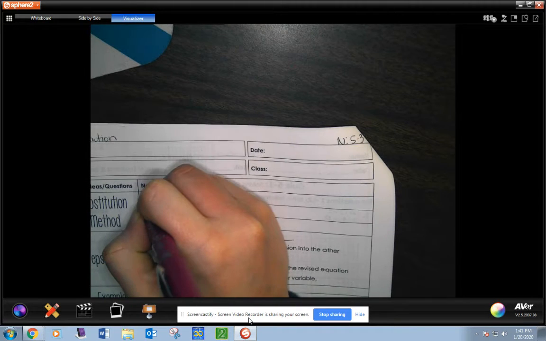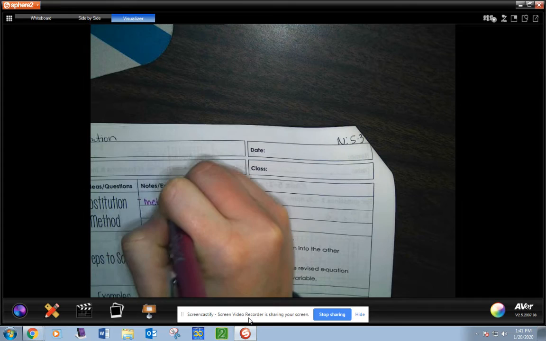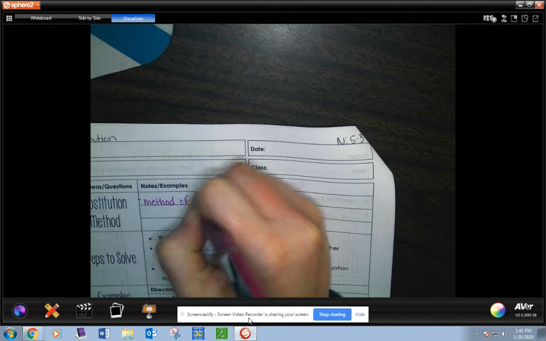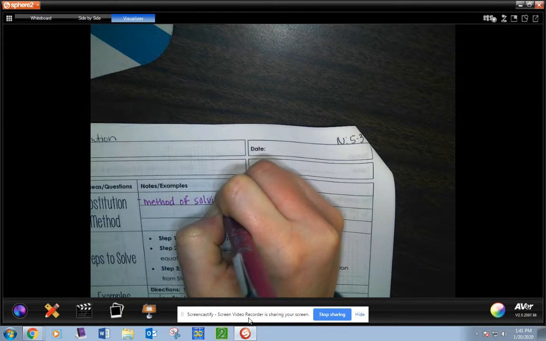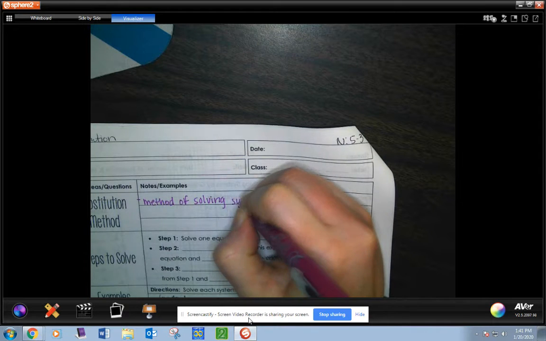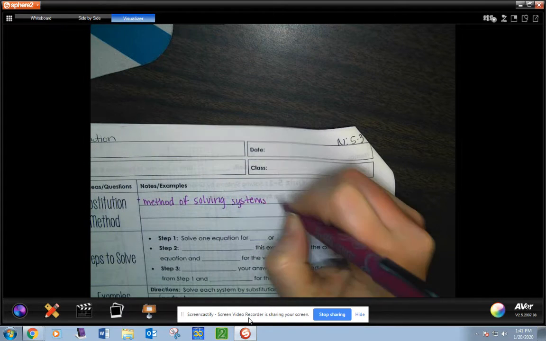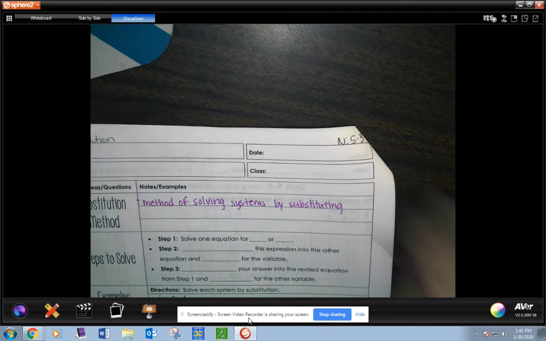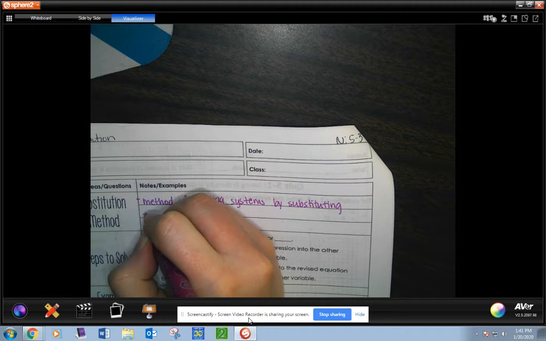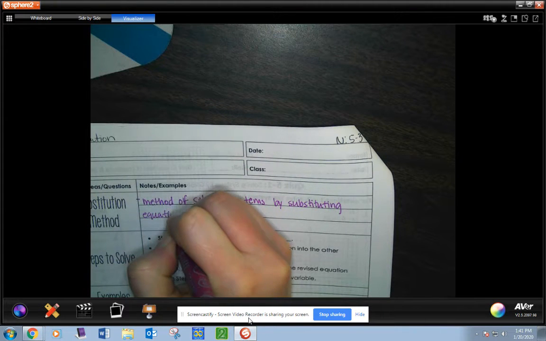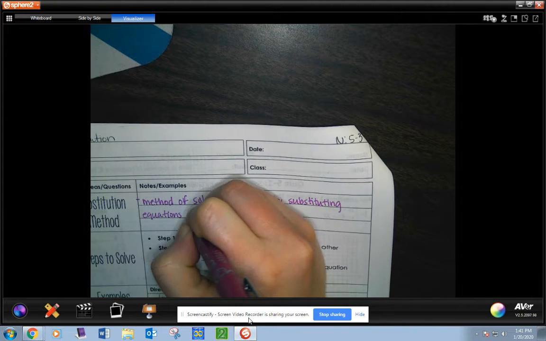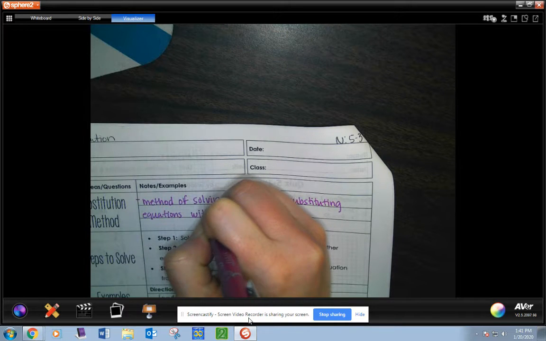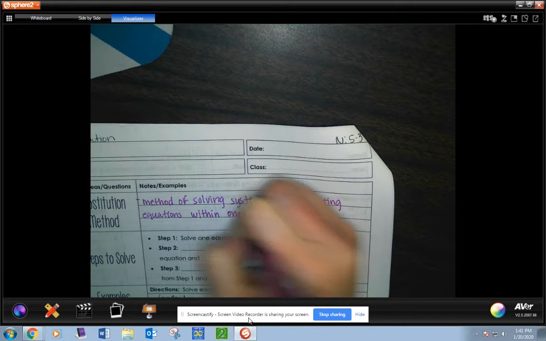So the first thing that you need to know, substitution is a method of solving systems by substituting equations within one another.